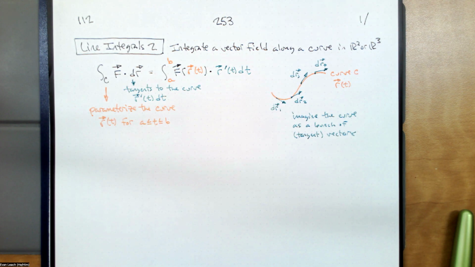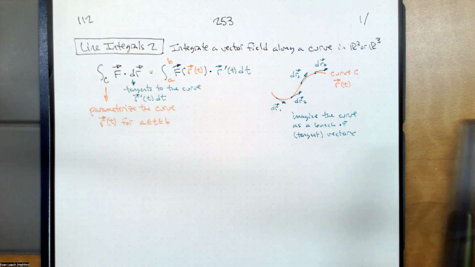So we needed some mechanics for this. We're going to parameterize the curve with a vector function that we call r of t. Then we're going to write the dr as r prime of t dt, just by taking the derivatives of the terms and then multiplying by the dt.